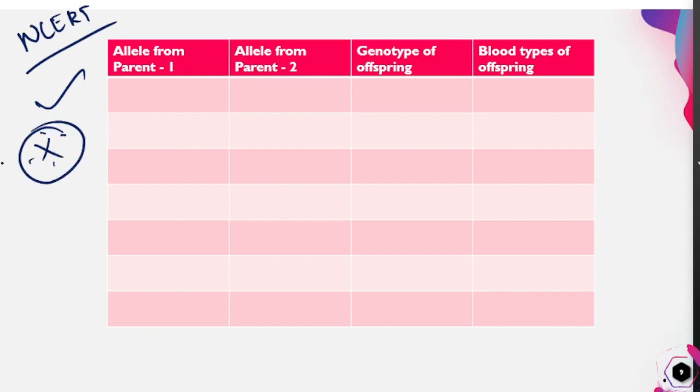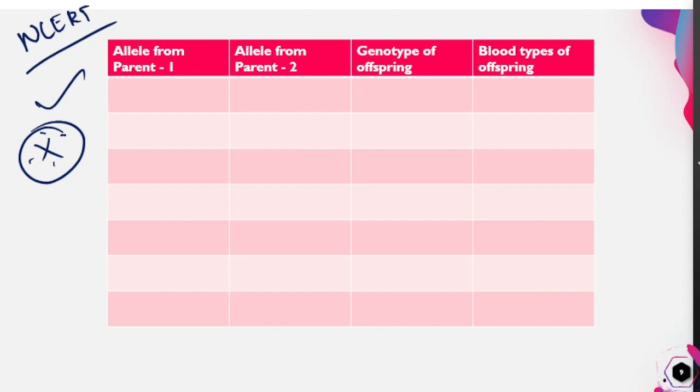Reading this tabular column will help you to answer various types of questions. Now, see: allele from parent 1, allele from parent 2, genotype of the offspring, blood types of the offspring. So we have 4 columns, and now we are going to fill these columns.